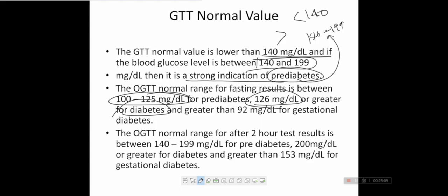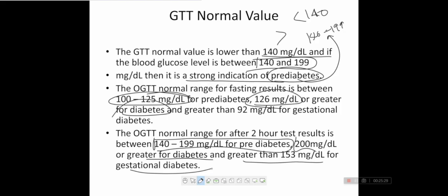The OGTT range for the 2 hour test result is between 140 to 199 for pre-diabetic, and 200 or greater for diabetes, and greater than 153 for gestational diabetes.